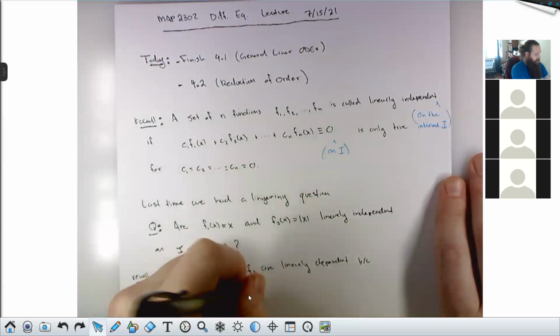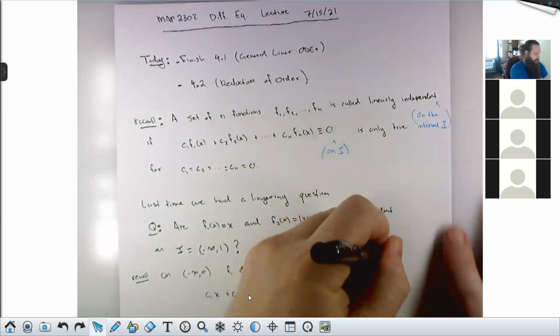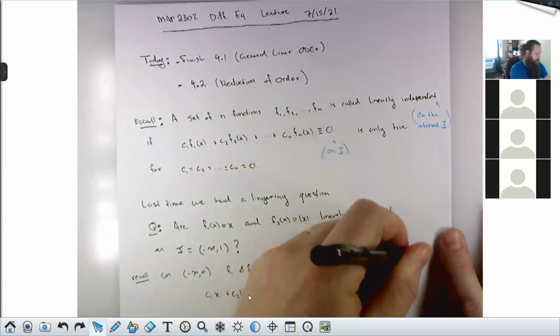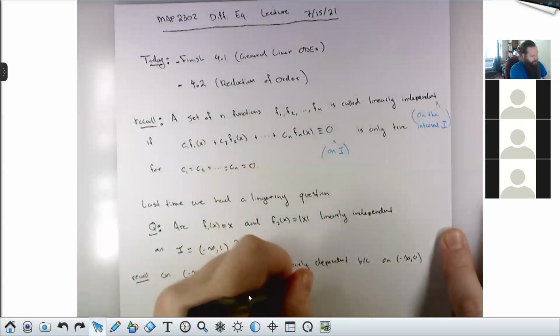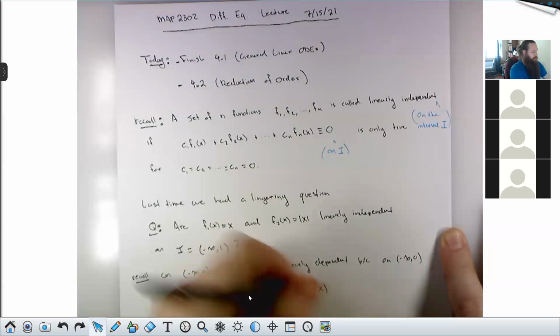This is because on negative infinity to 0, these are actually equal to c1x plus c2 times negative x.